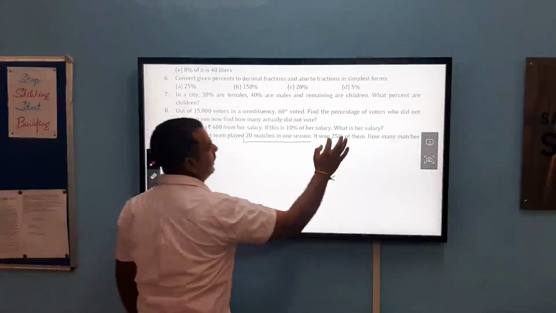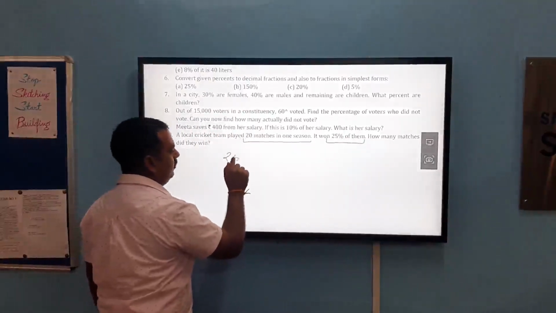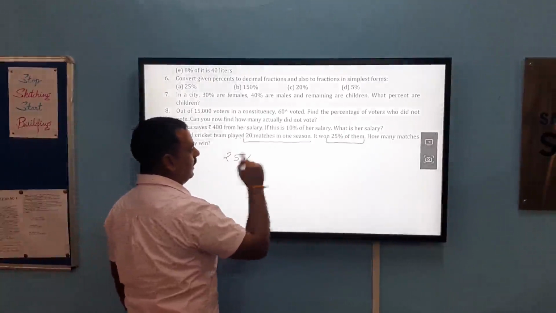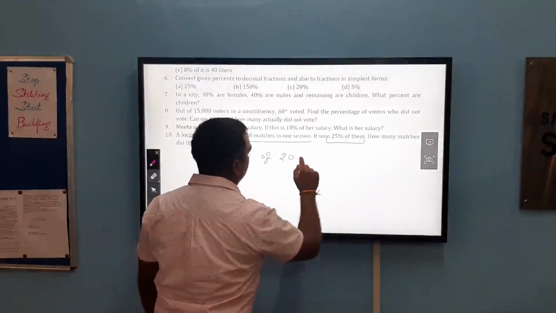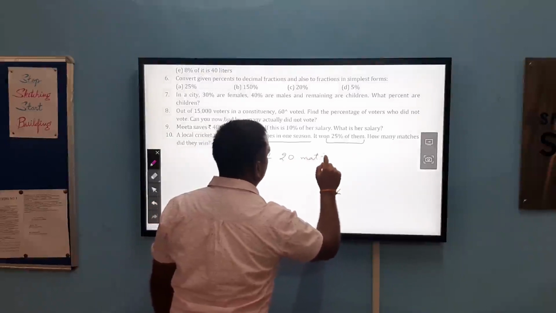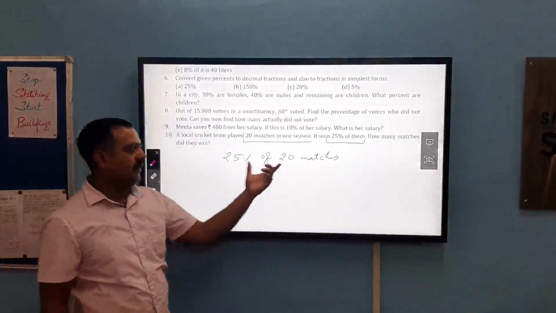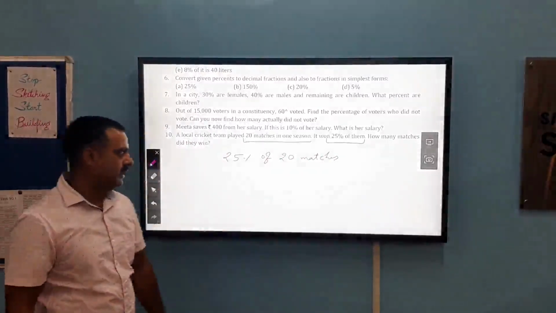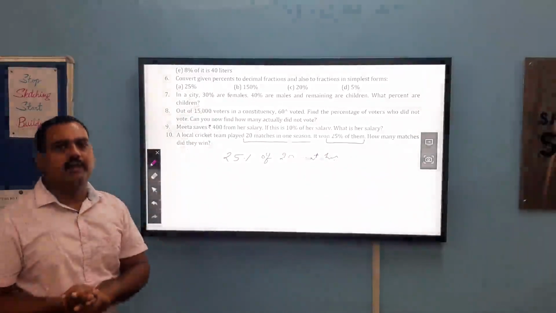That is 25% of 20 matches. So we can write it like this: number of matches won is equal to 25% of 20 matches. And we can simplify it like we did in the previous questions.